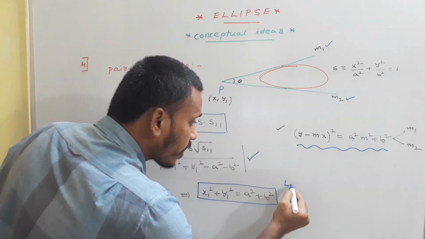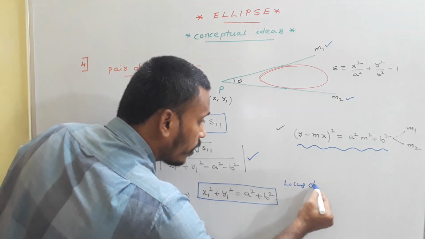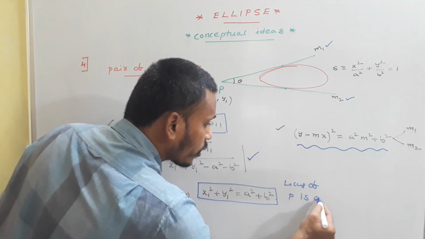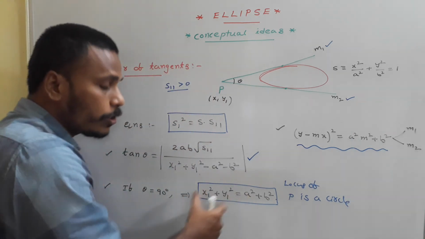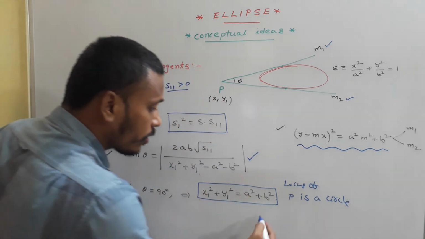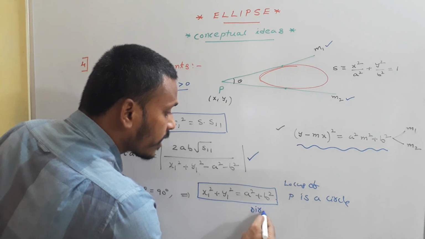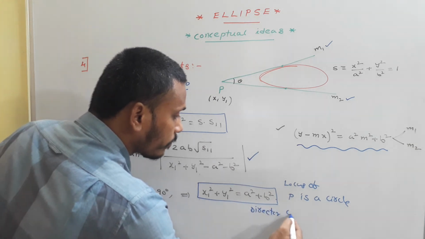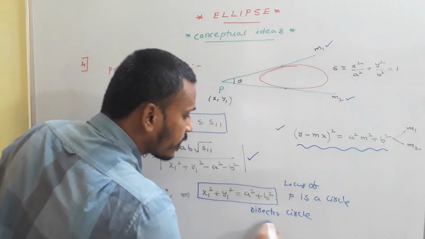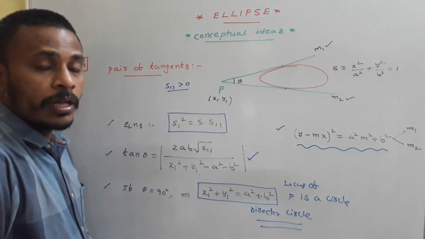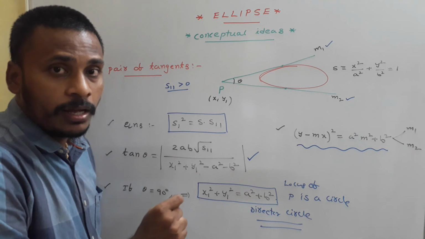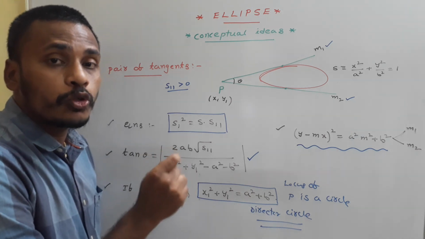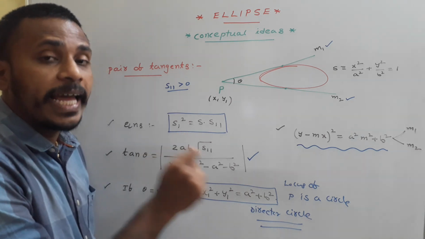In this case, the locus of P is a circle. Just look here: x1 square plus y1 square is equal to a square plus b square is a general circle equation, and we call this circle the director circle. If tangents are perpendicular with respect to a parabola, then the point of intersection of those two tangents is on the directrix.